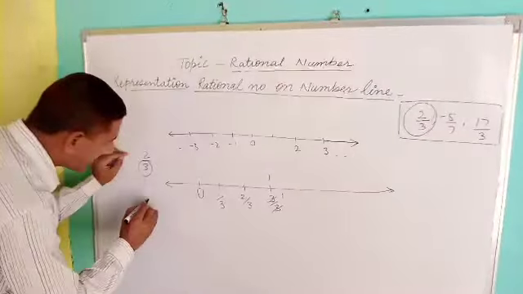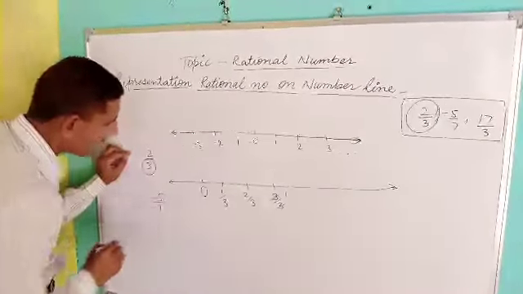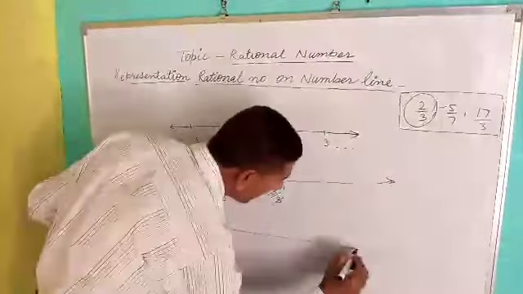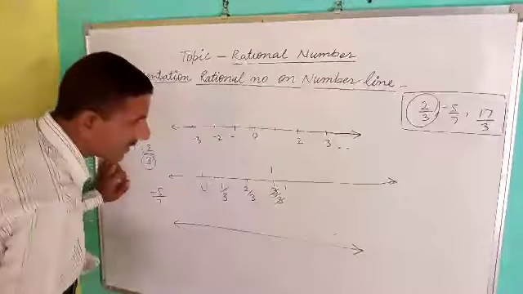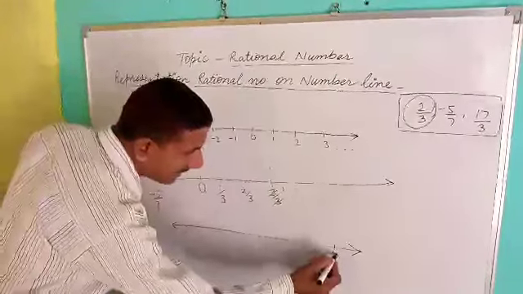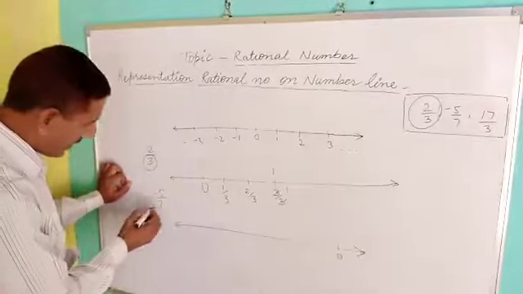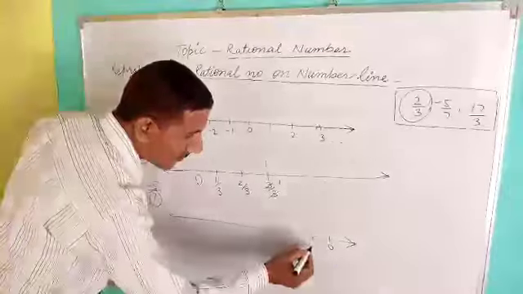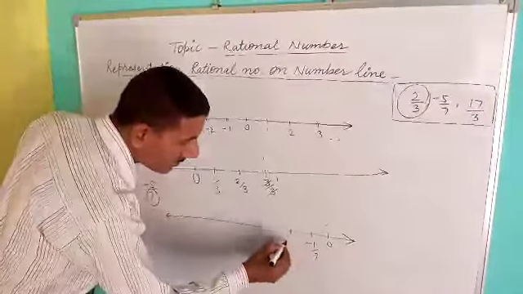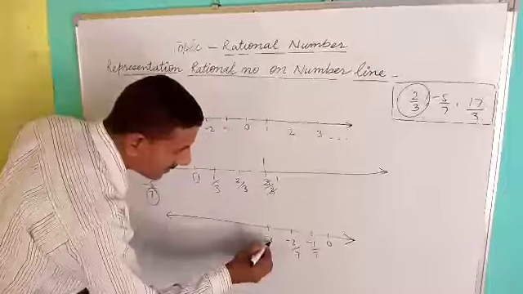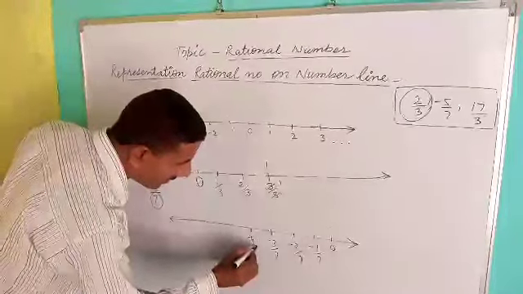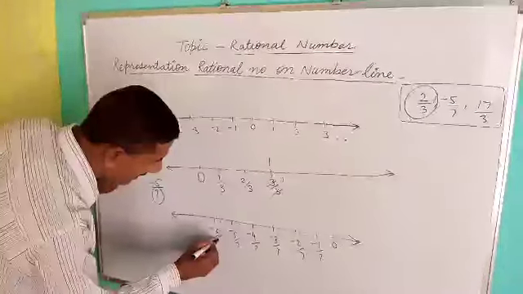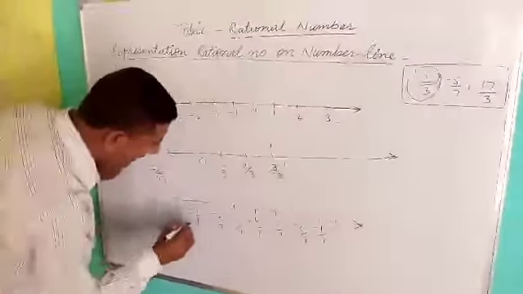Take one more example, -5 upon 7. How do we draw the negative number on the number line? Again, draw the number line and take 0 on the right hand side. Now the denominator here is 7, so we take -1 upon 7, -2 upon 7, -3 upon 7, -4 upon 7, -5 upon 7, -6 upon 7 and -7 upon 7.